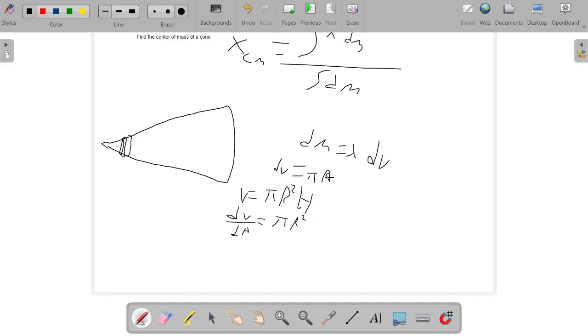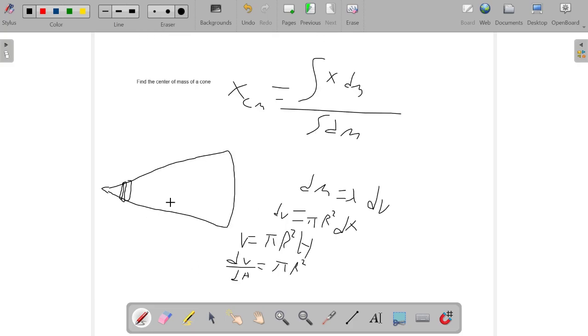So pi r squared dx for the h. Now, the last problem we have is the r squared part, because we don't know the radius of this block. We don't want the radius at the bottom, which is what that r is. We want the radius up here.